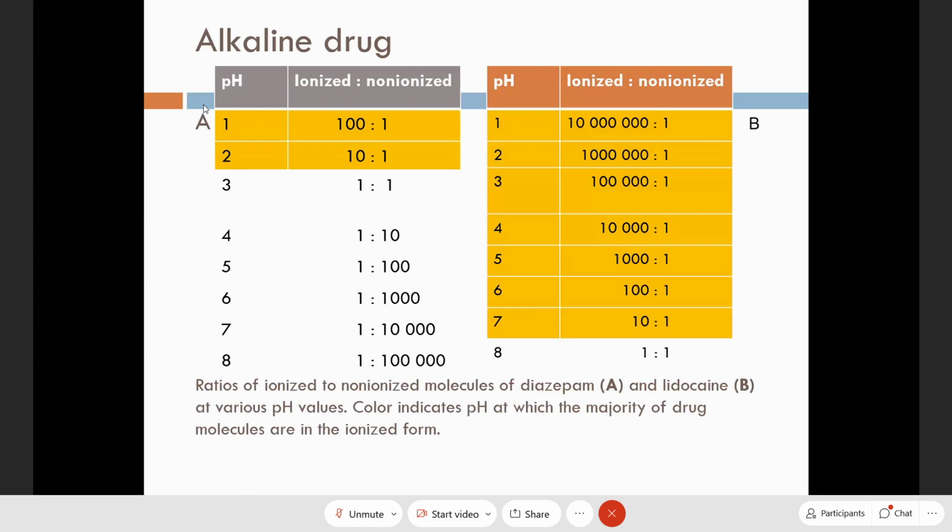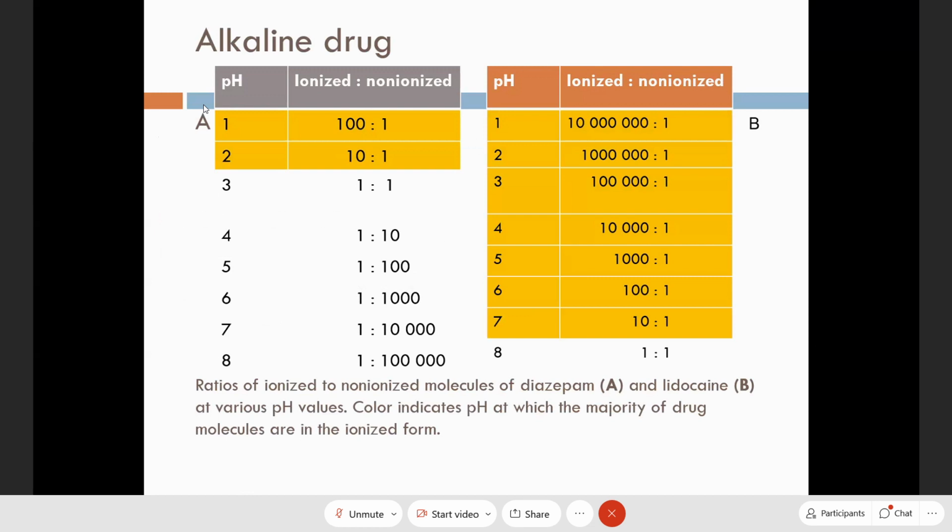So this is an example. Just now I showed an acid drug, now alkaline. I have diazepam, a drug used to control convulsions in dogs, and lidocaine, a local anesthetic drug.